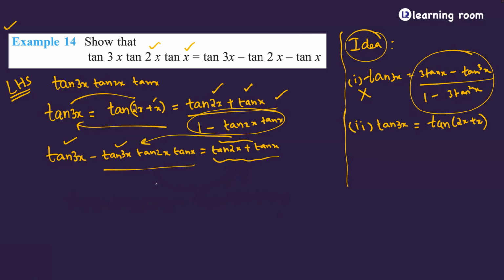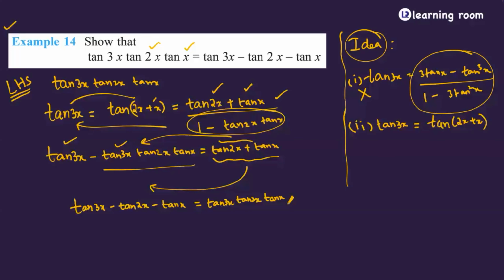I brought this to the left-hand side. So tan 3x minus tan 2x minus tan x is equal to these three terms taken to the other side, which is tan 3x tan 2x tan x. Is that point clear? Yes, sir. That is what the question says. Okay, sir, got it.